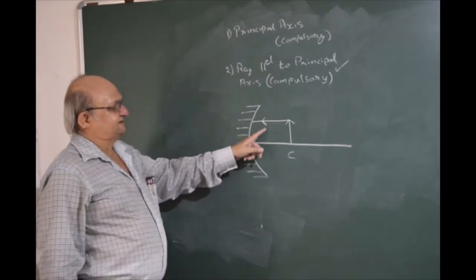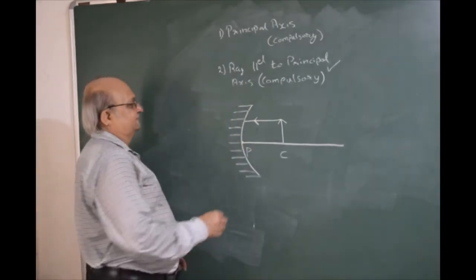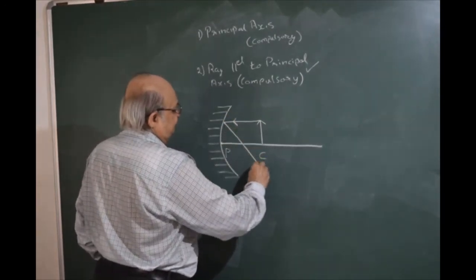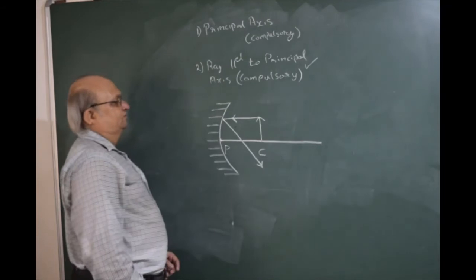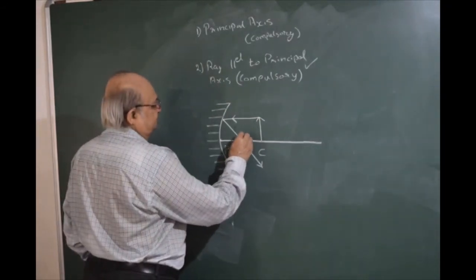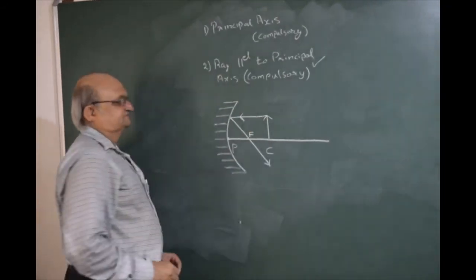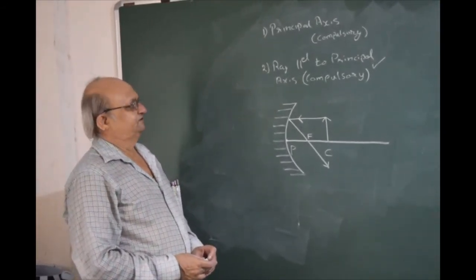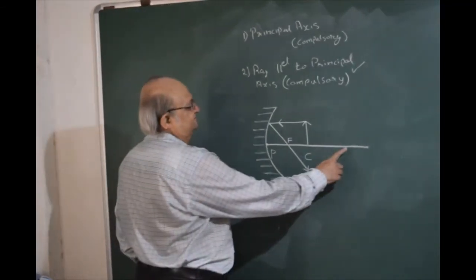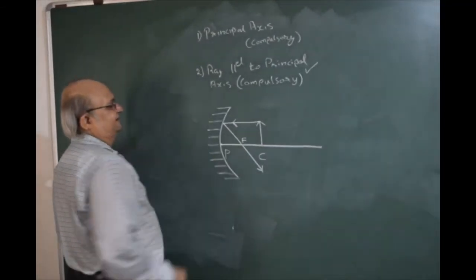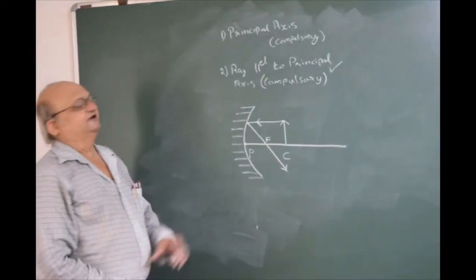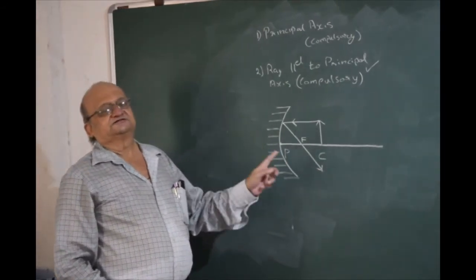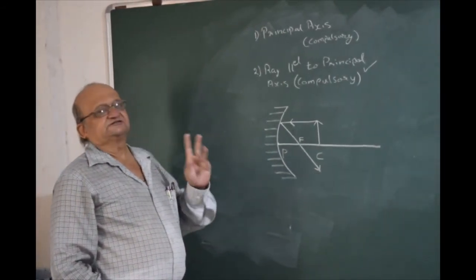But what happens to this ray after reflection? We have already seen it, that it converges and passes through a point on the principal axis, which is called the principal focus. So the two compulsory rays, principal axis and the ray parallel to principal axis, which after reflection always passes through the principal focus. These two rays are compulsory.